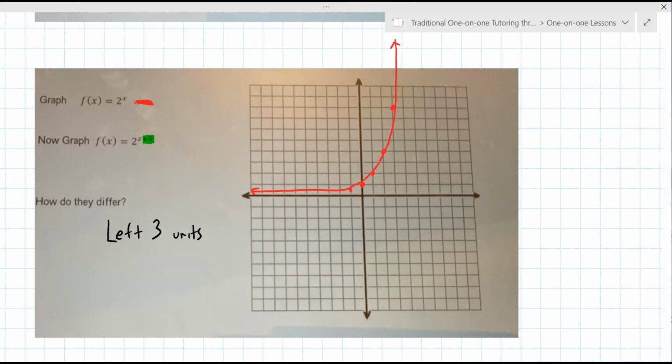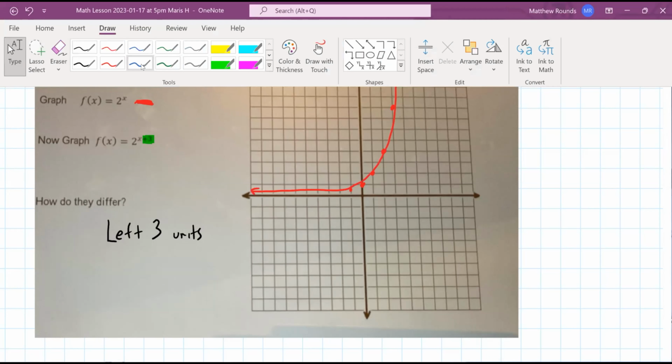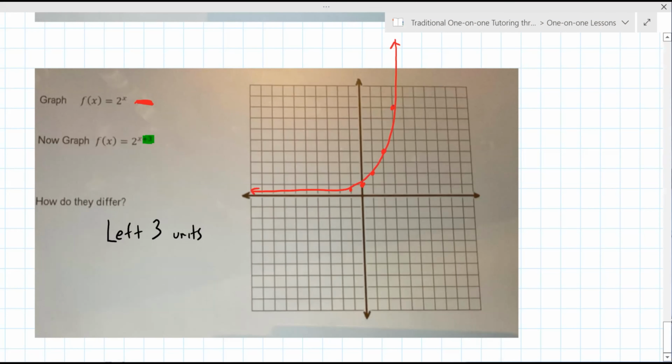And then each point is going left 3. So start at the top here, go left 3, 1, 2, 3, left 3. Next one here, 1, 2, 3, 1, 2, 3, 1, 2, 3. And then you just try your best to draw the right kind of shape with that.